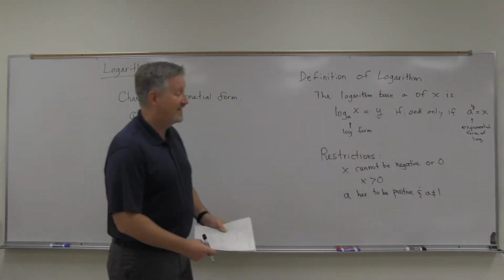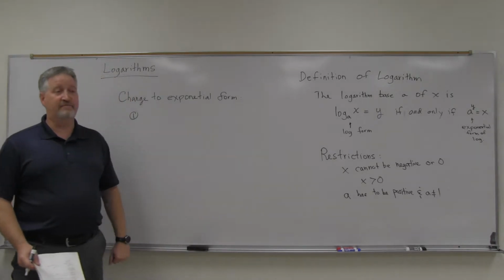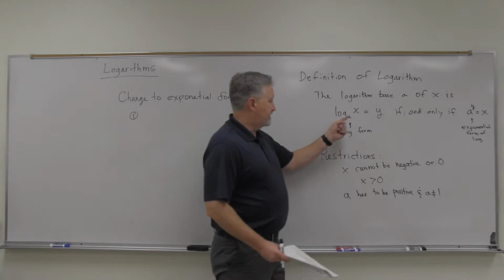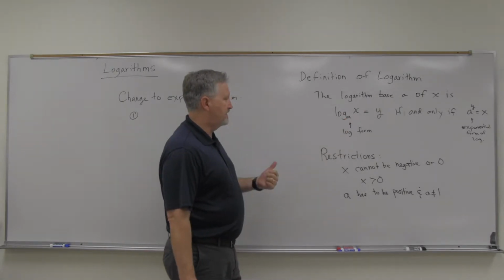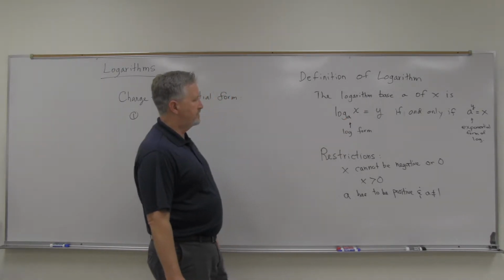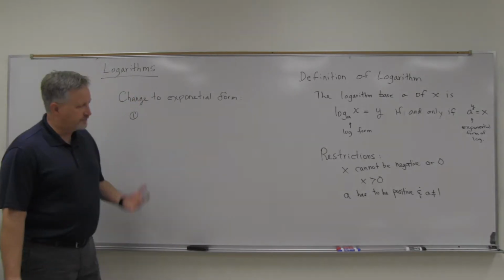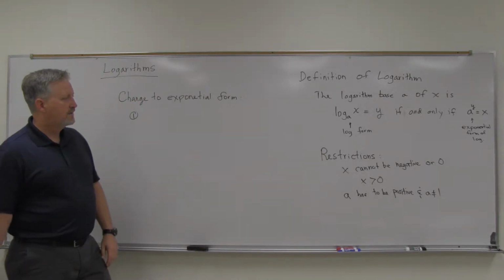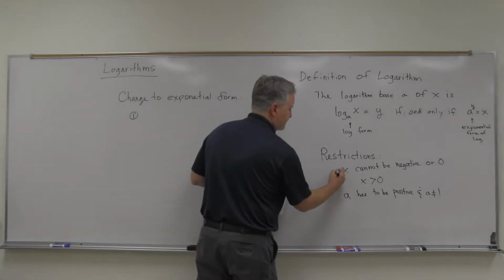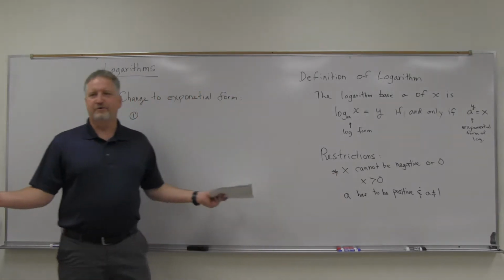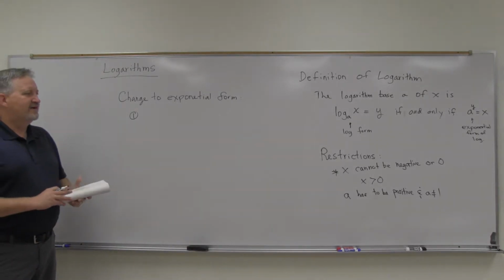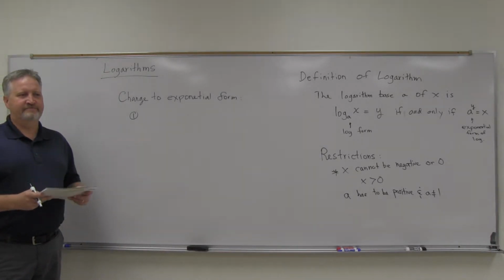Yes, it can be anything positive, besides 1. So the a can be fractions, but it can't be negative, and it won't be 1 either. You'll see a few of those reasons in just a second. But x is the big one, because we'll come across that in several different problems. Your x can't be negative or 0.